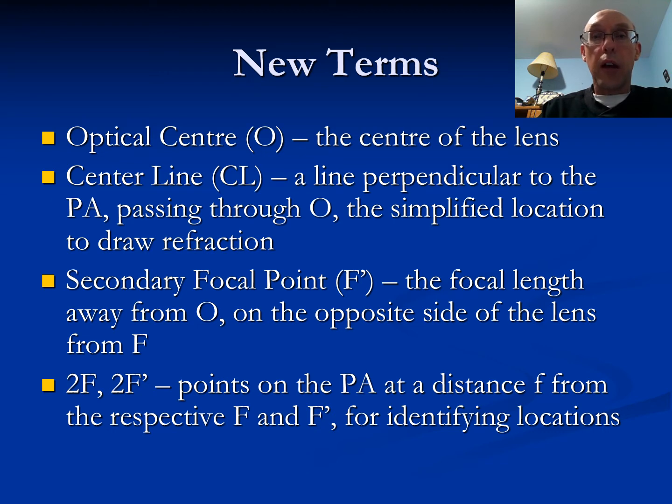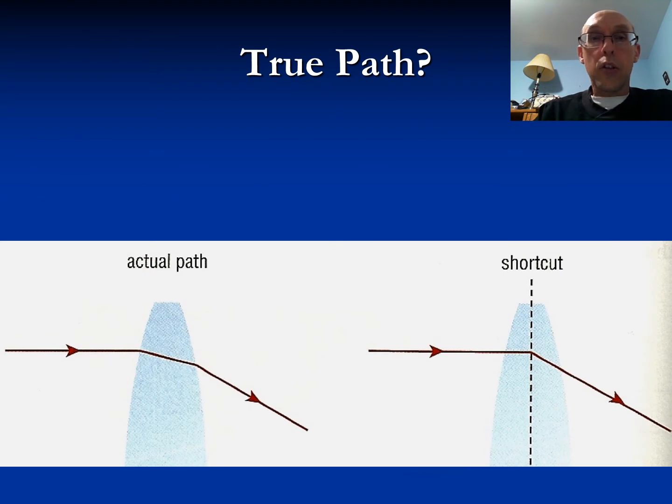Moving on to this idea of the simplified location for drawing when we talked about the center line. So let's talk about the true path. In a real lens, we will find refraction happening both here when light travels from air into that lens, and again as light leaves that lens going out into air again.